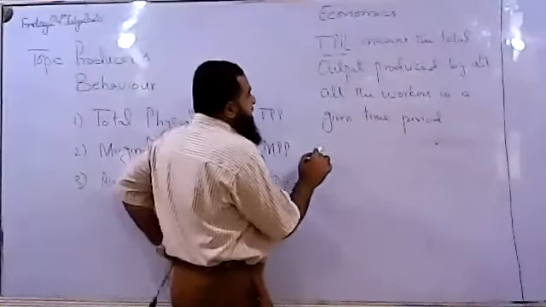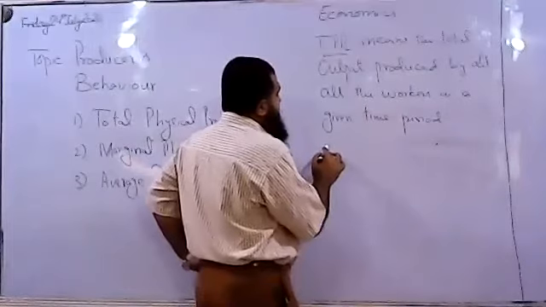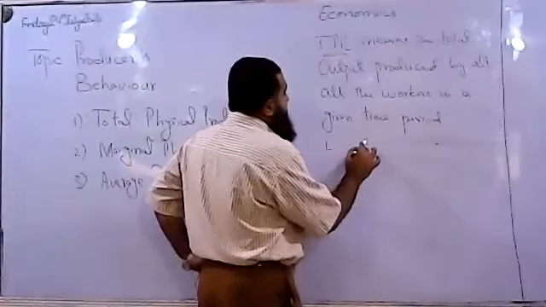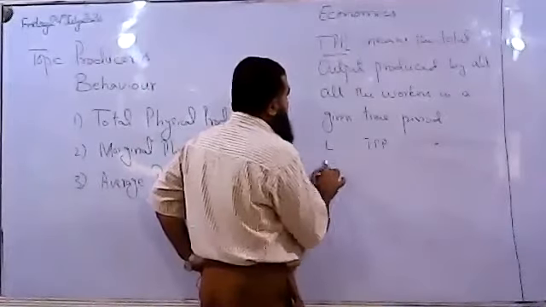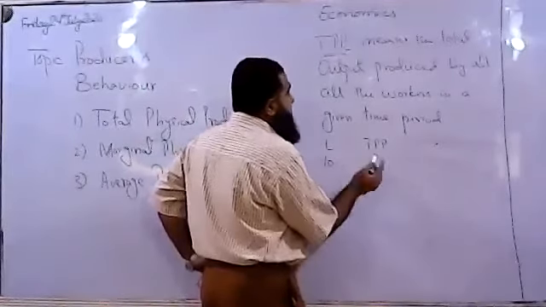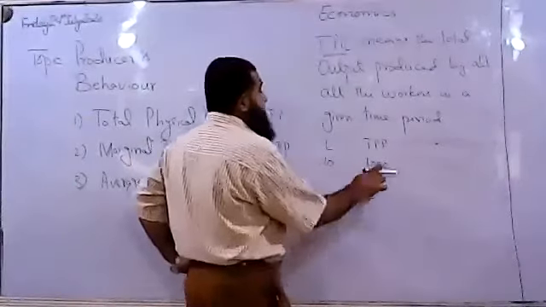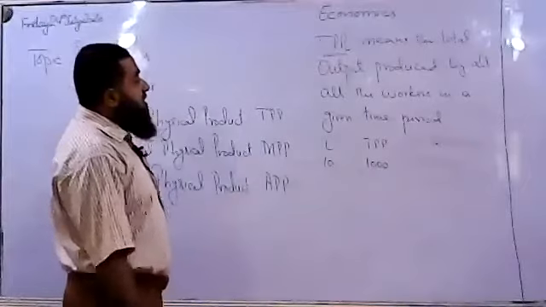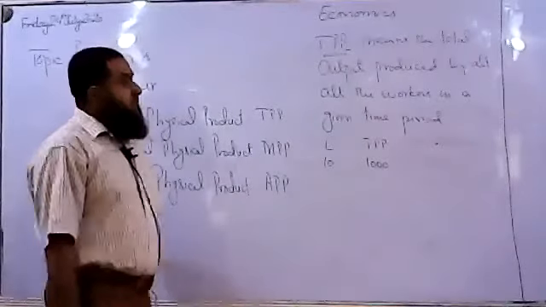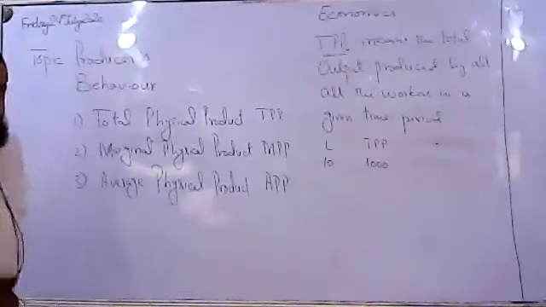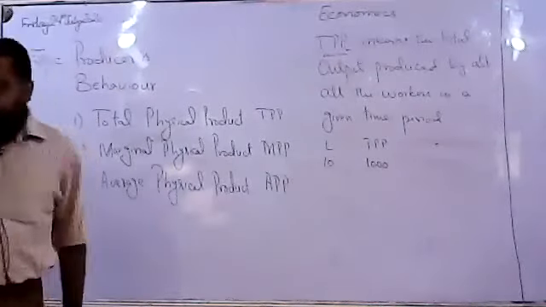If there are 10 workers and they have produced 1000 units, we say this is the total output produced by all these 10 workers. This is called total physical product, which is produced by all those workers in the production unit.